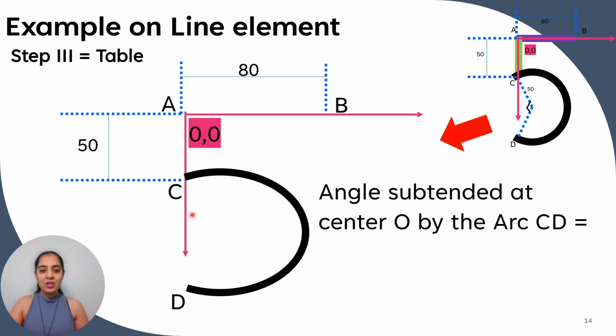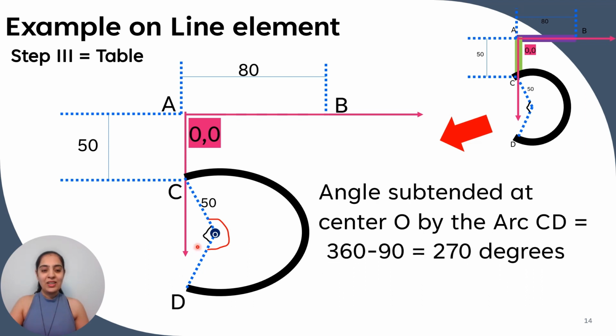We want the angle subtended at the center O by the arc CD. We already know OC and OD are perpendicular to each other. So, 360 degrees minus 90 degrees, we have 270 degrees. So, the angle subtended at the center by arc CD is 270 degrees.